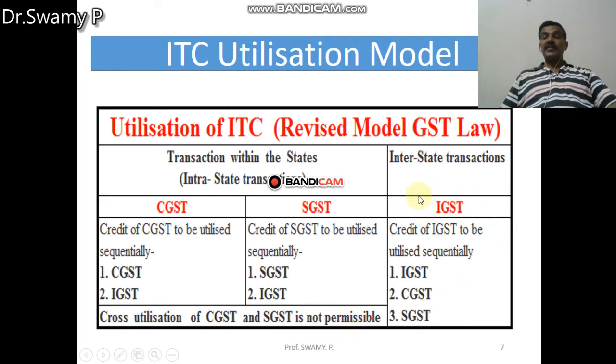In case of an interstate transaction, the credit of IGST is to be utilized sequentially, that means first IGST against IGST and next, if further credit is available, CGST and then SGST. Numbers 1, 2, 3, in this order only adjustments shall be made.